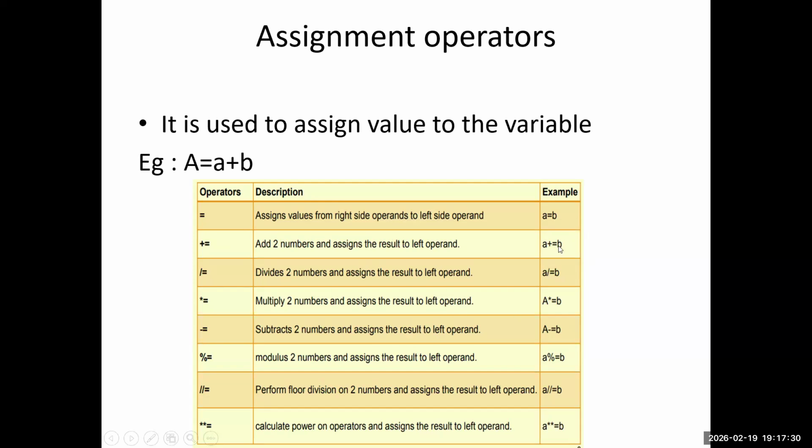So A plus equal to B means A equal to A plus B. Similarly, A equal to A slash B, A equal to A multiplied with B, A equal to A minus B, A equal to A modulo B, A equal to A double slash B, and A equal to A double star B.